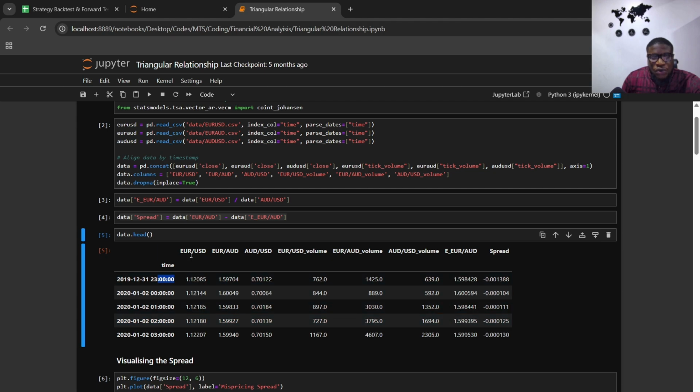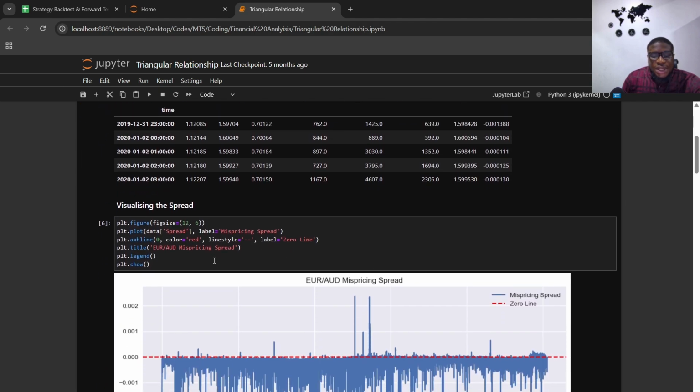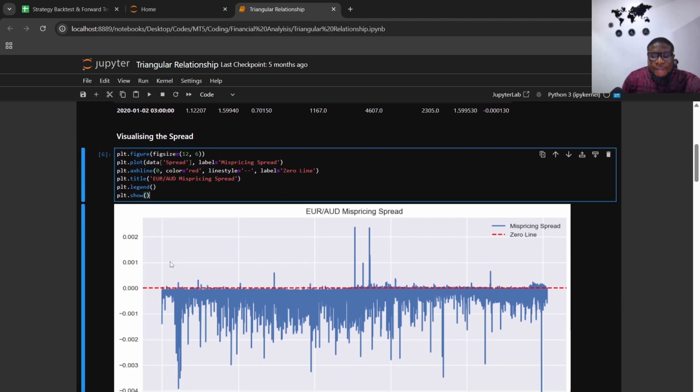We got Euro USD, Euro AUD, AUD USD, the volume, and we also now have the expected Euro AUD. Then we have the spread, which is the difference between what Euro AUD is and what Euro AUD is supposed to be.